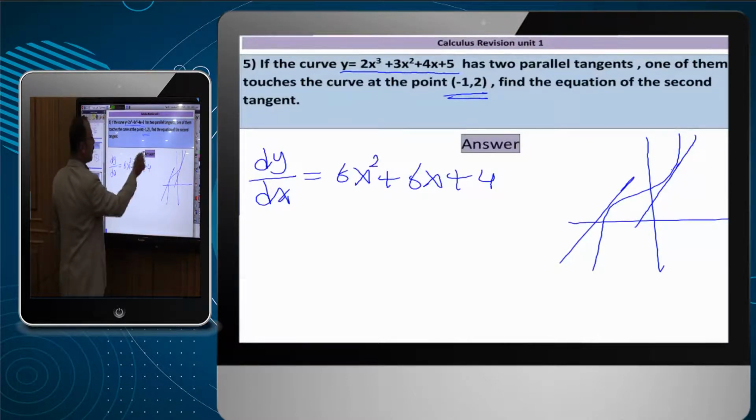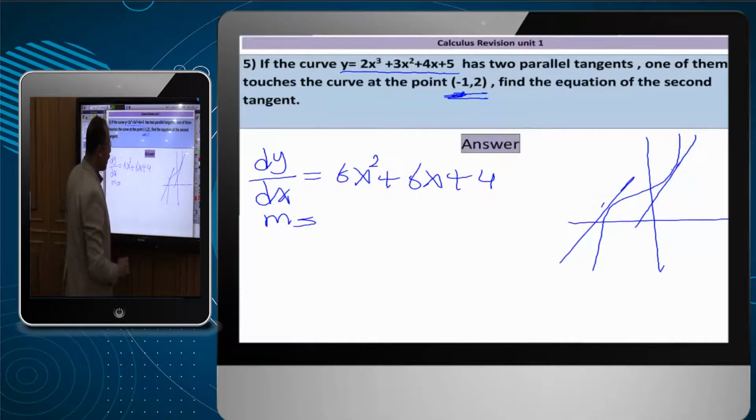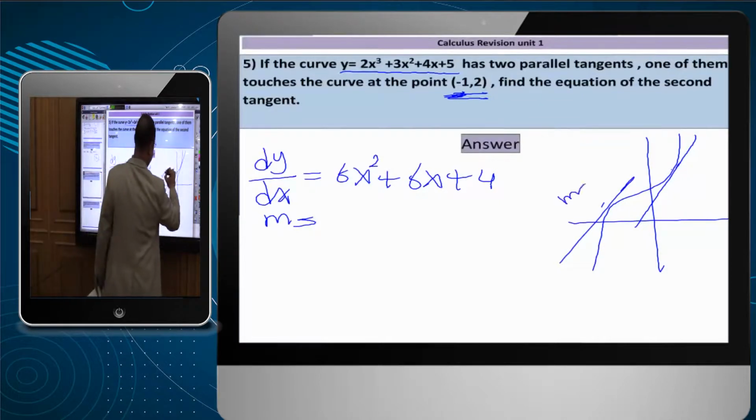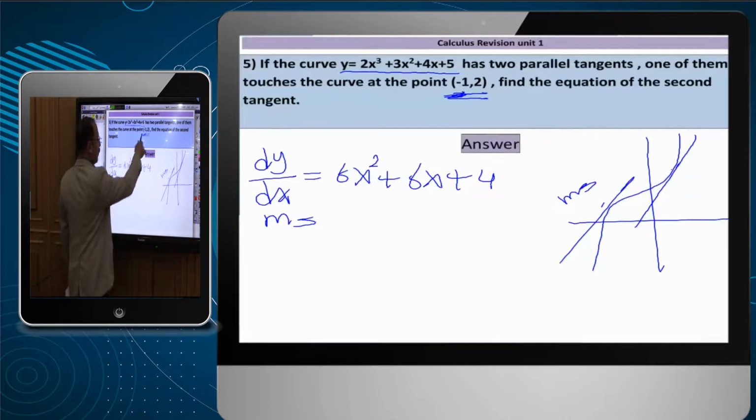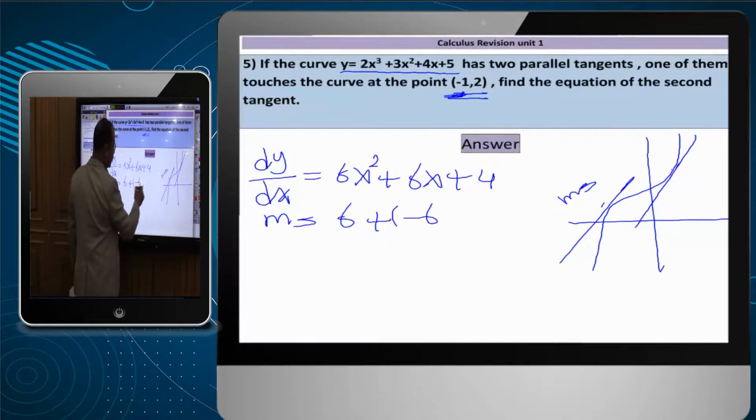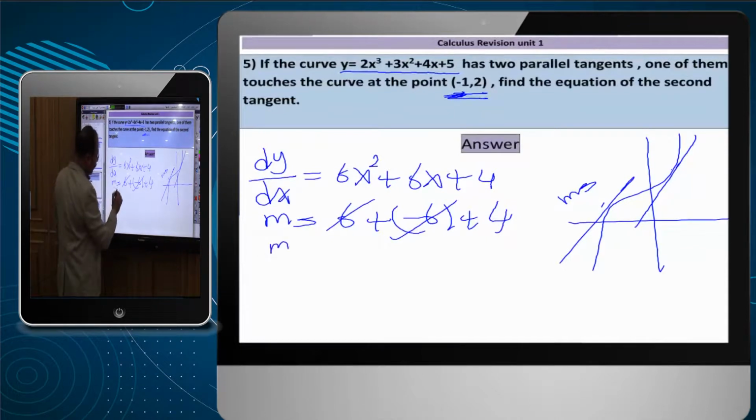Next, the slope of this tangent m is the value when x equals -1 for this point. We substitute: -1 squared is 1, so 6, plus -1 times 6, -6, plus 4. Cut 6 with -6, then the slope of the 2 parallel lines is 4.